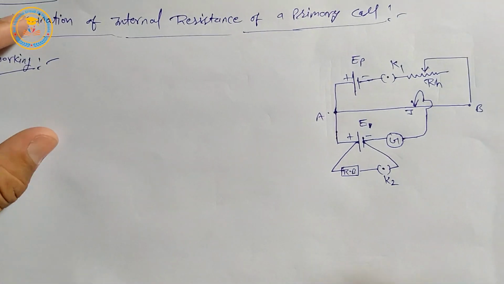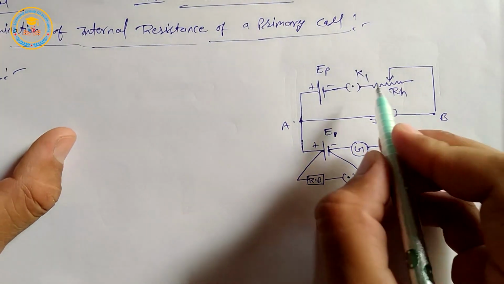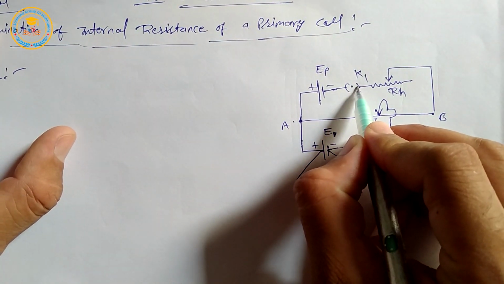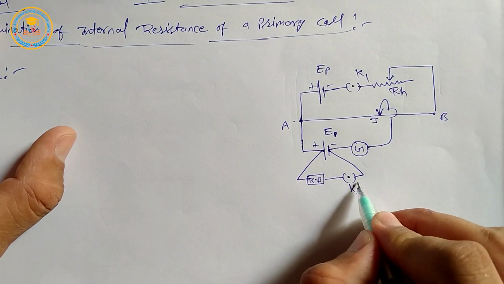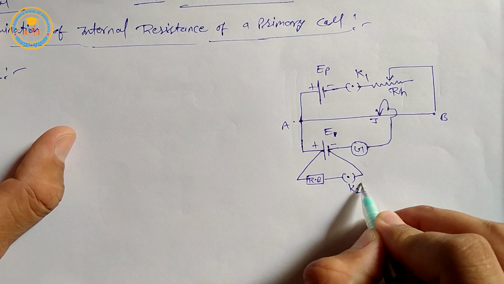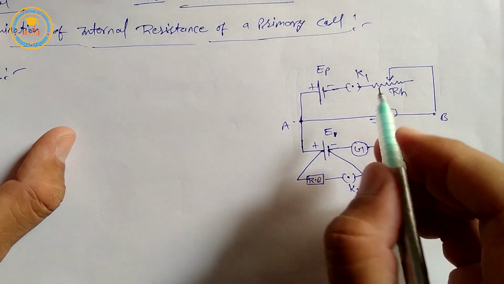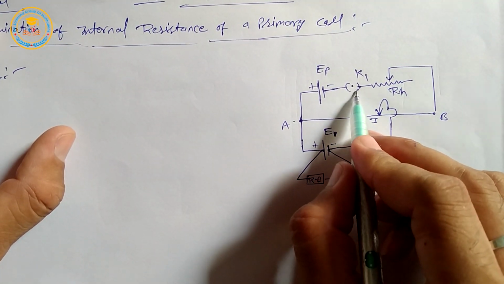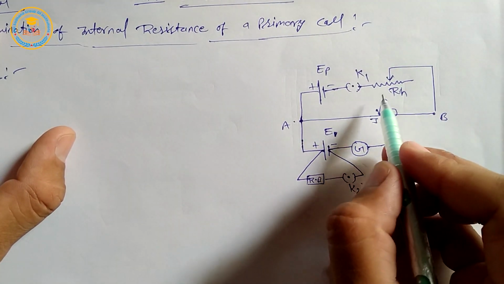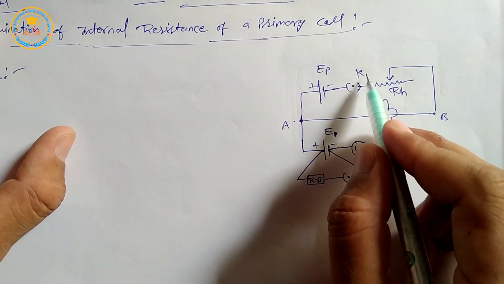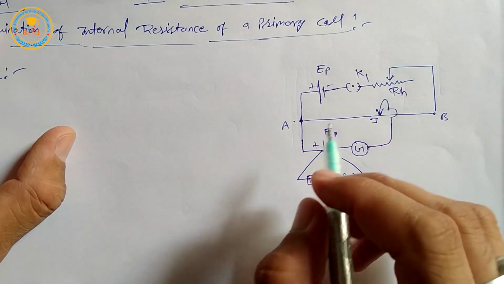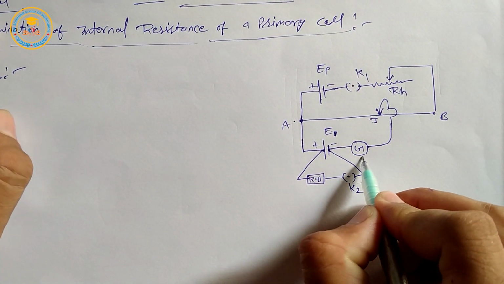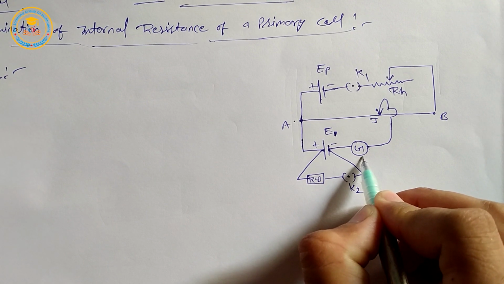See carefully. Firstly, we close this key K1, keeping the key K2 open. Only key K1 is closed. Then current flows through the primary circuit, and the galvanometer shows a deflection.